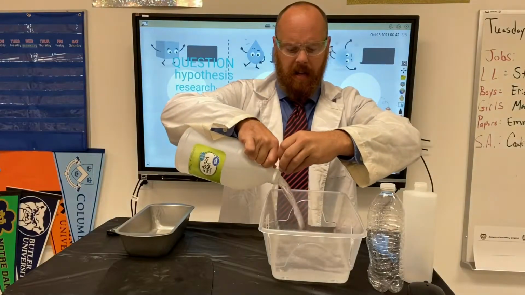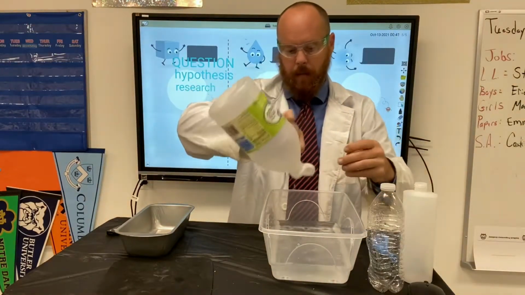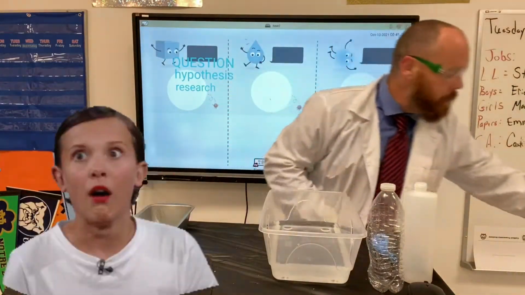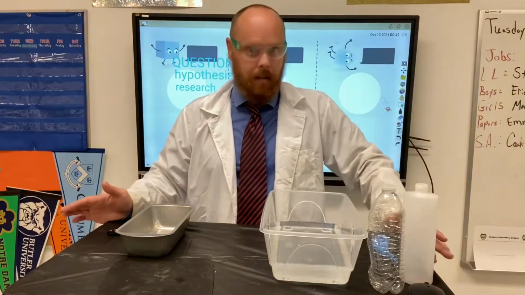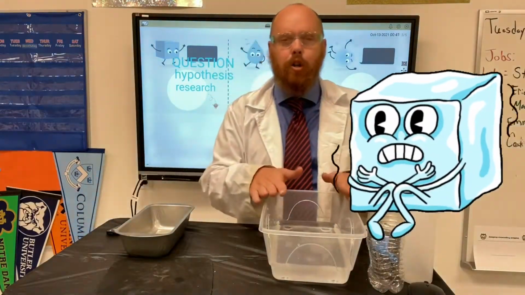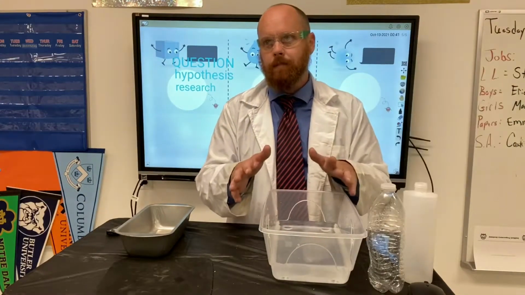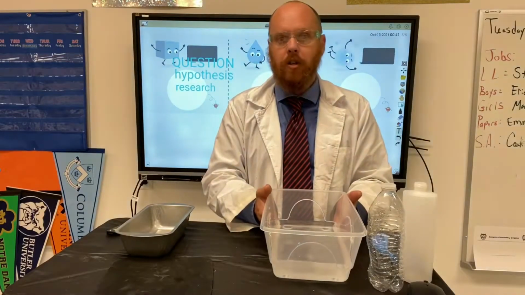Just like that. Good thing I'm wearing my lab coat because I'm splashing it all over the place. Now, ideally, what I would love to have here, ladies and gentlemen, is ice. We make this water super, super cold to show that matter change. But for right now, we're just going to use cold water.